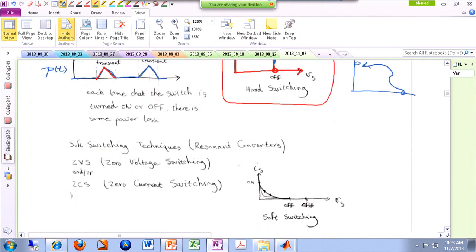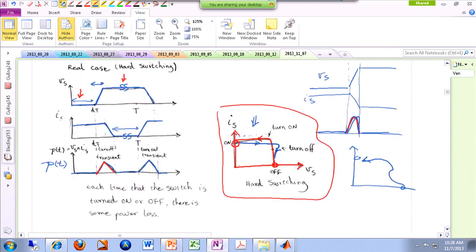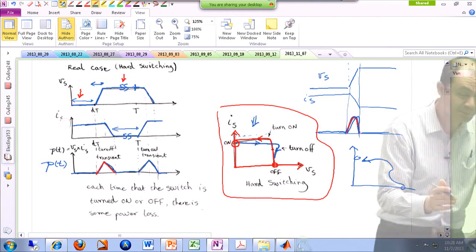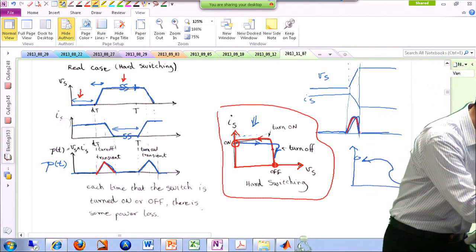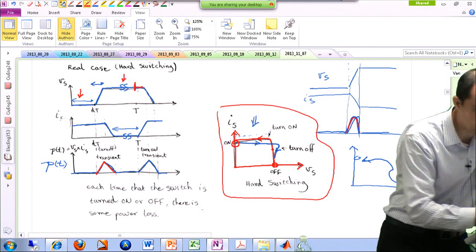Okay. Yes? Like, voltage across the switch, you're turning on the switch at time t. Why is it like the voltage extending from t to... You mean here? Yeah. Again, that's a matter of debate. Is it really happening like this? So the question is, how come we turn the switch on here, but the voltage remained at a positive value?